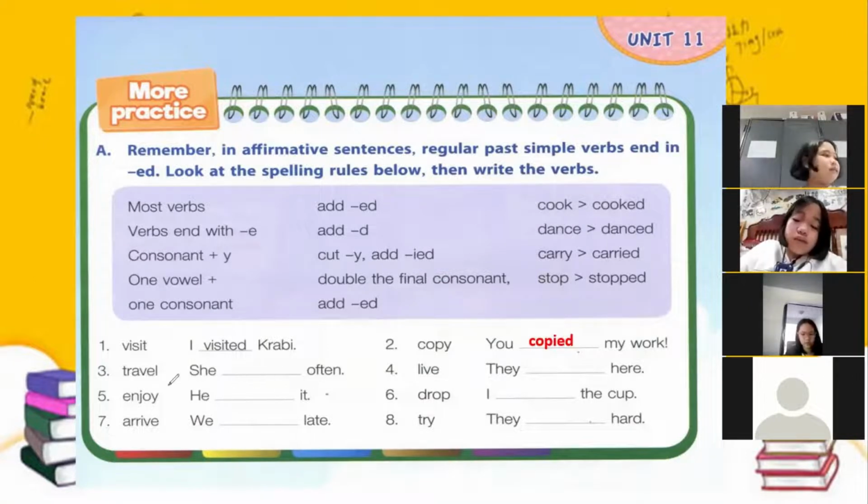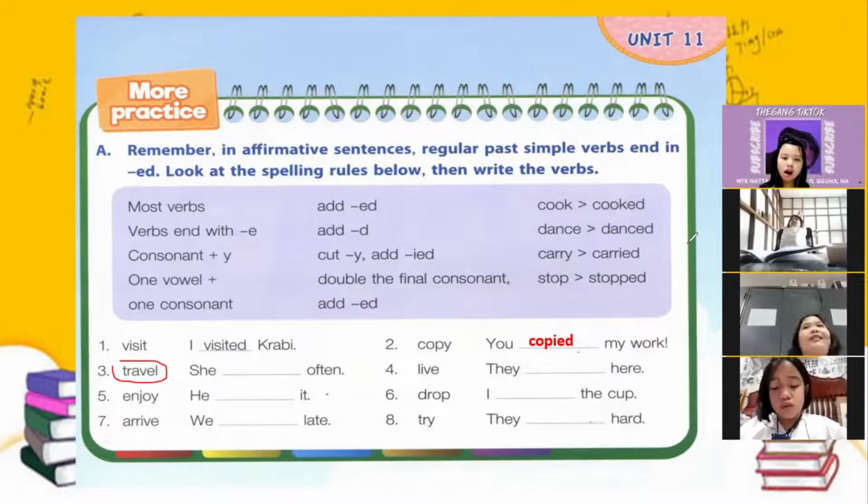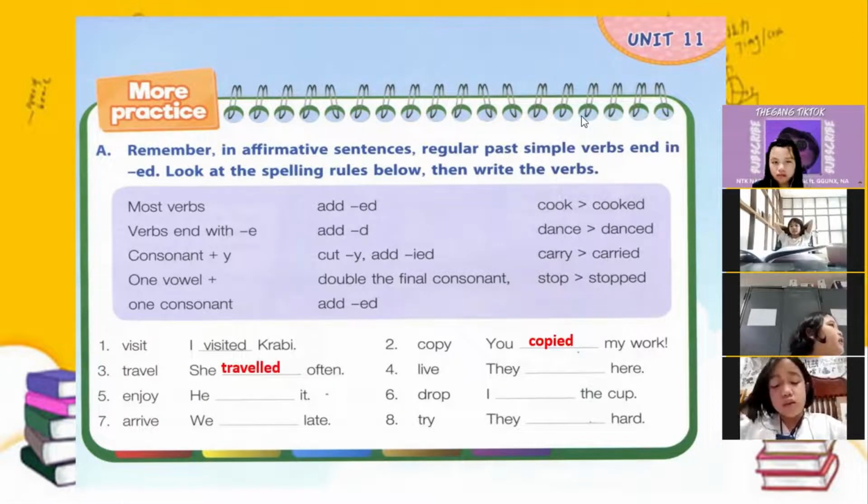Okay, now number three, travel. She travel often. So what will be the spelling here? Who is going to tell me? Travel. We are going to add ED, right? So traveled, T-R-A-V-E-L-L-E-D. So which rule is this?